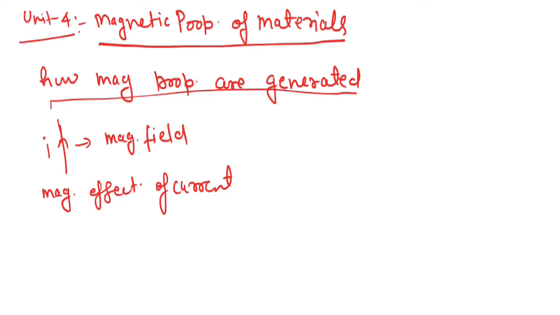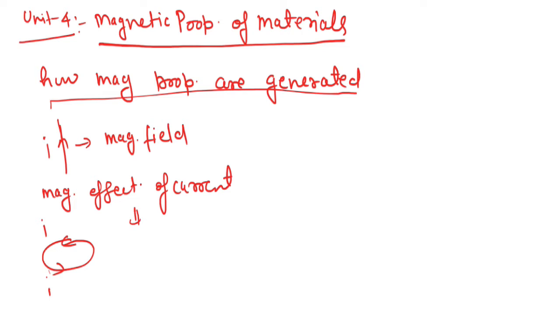This means if current is flowing in any wire or in any circular loop, you will get a magnetic field surrounding this wire. So this is magnetic effect of current.